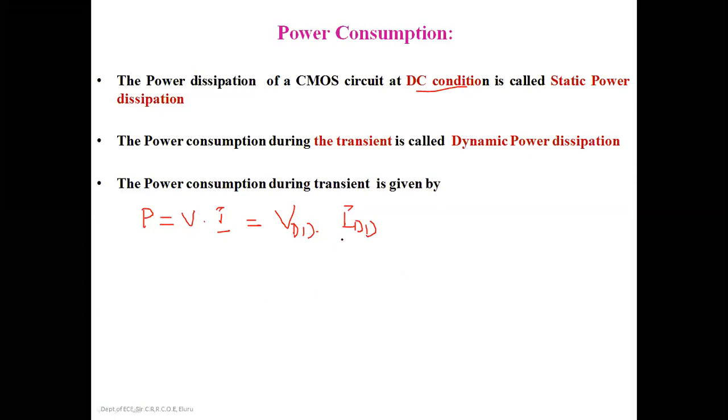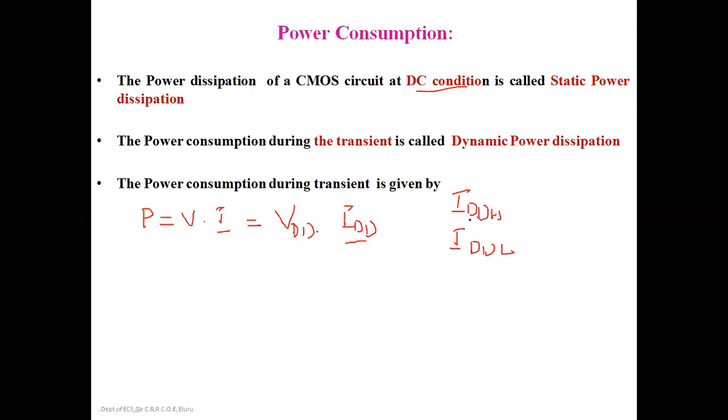And again, if you see this IDD, here we will have two types of IDD currents. One is IDDH and the second one is IDDL. So what are these IDDH and IDDL?